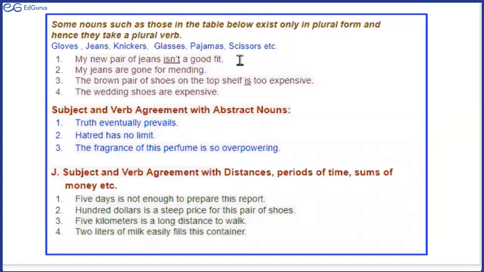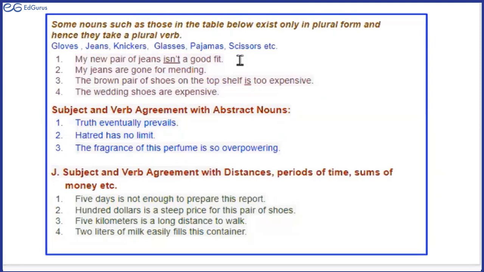$100 is a steep price for this pair of shoes. $100. $1, fine. $100 is a steep price. $100, it's not dollars actually. 100 is the unit of the dollars. When we say $100, it means 100 is a steep price.